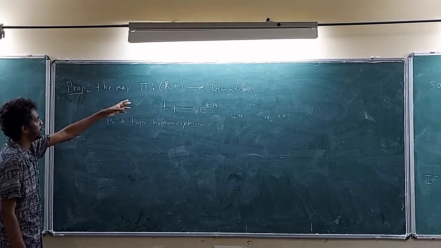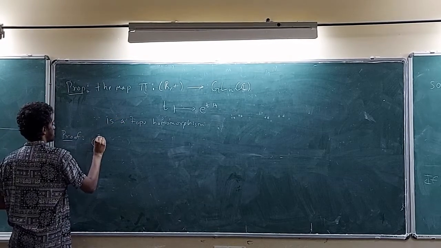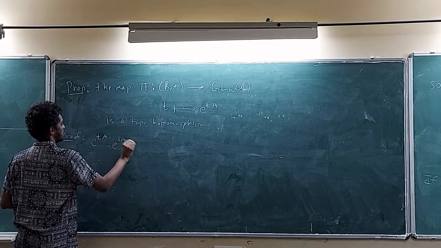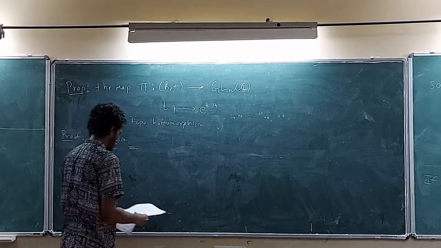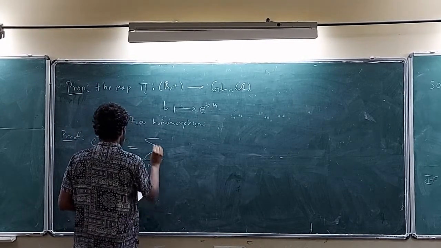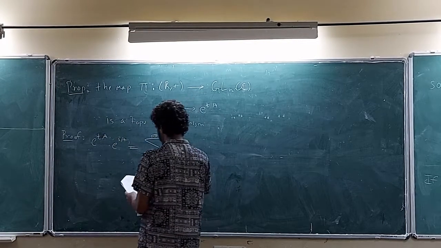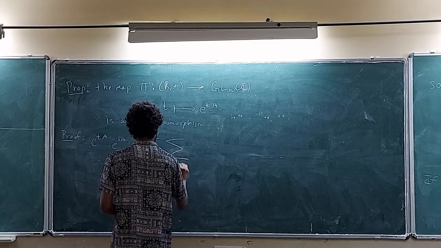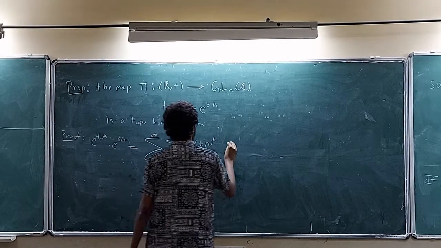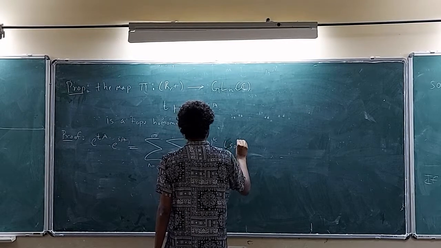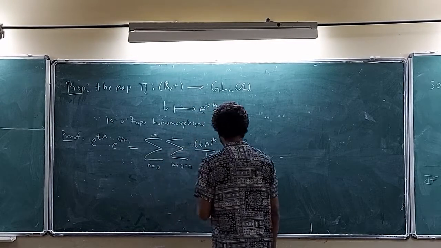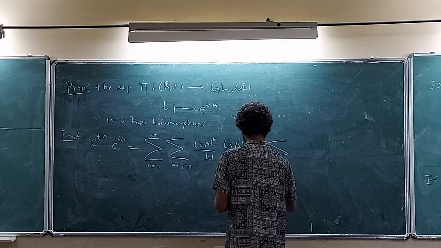So we have pi t times pi s will be e power tA times e power sA, right? And that will be equal to, instead of writing the double summation, I'm just directly going to consider the Cauchy product, and that reduces to this summation.